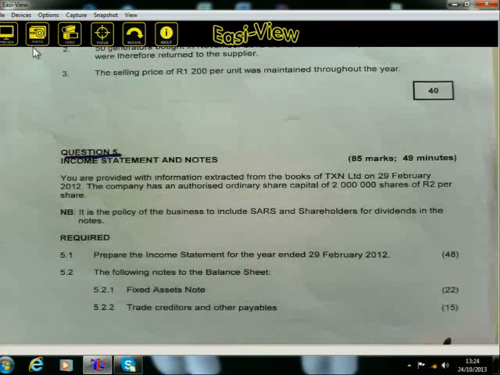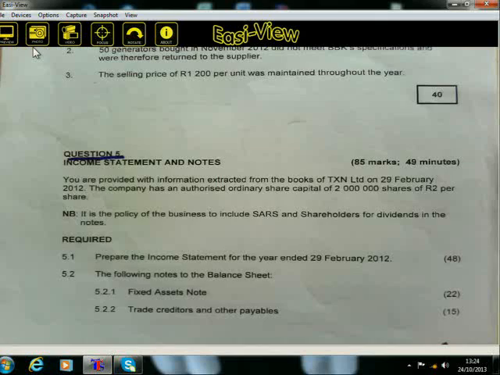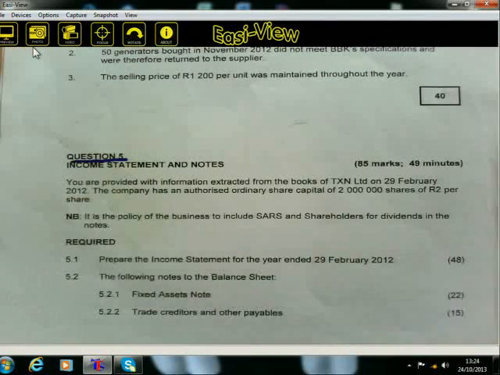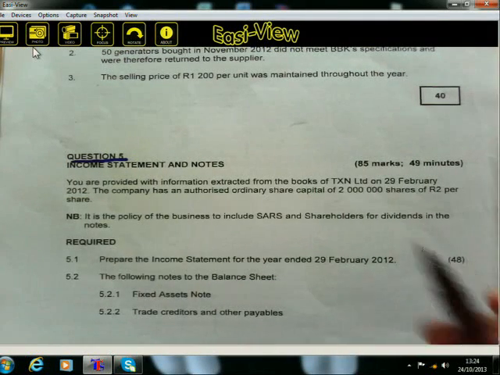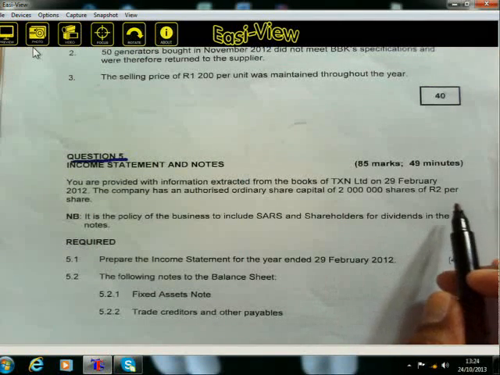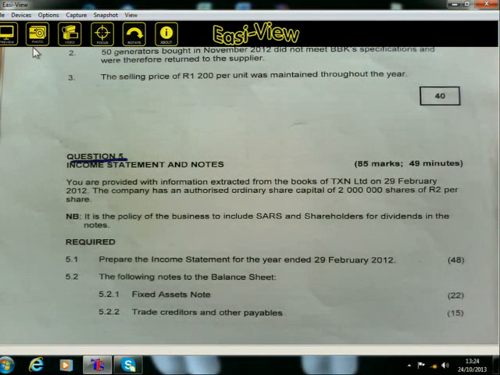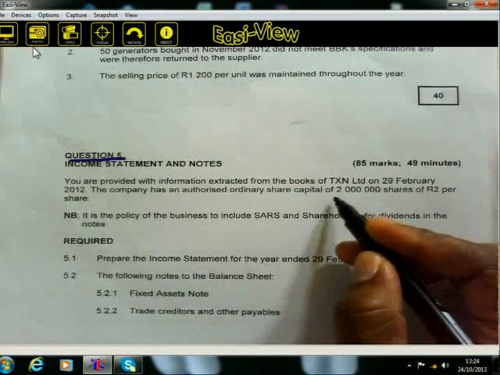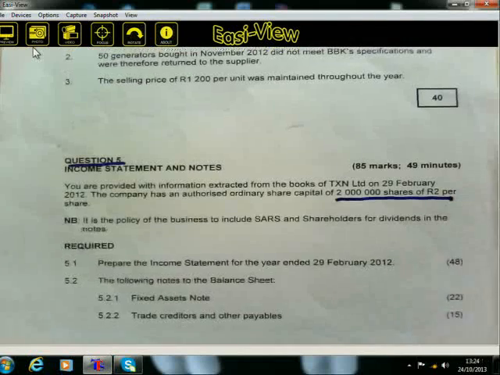The company has an authorized ordinary share capital of 2 million shares of 2 rand per share. NB, it is important to bear in mind because you will need that information, especially when we have to do the dividends.